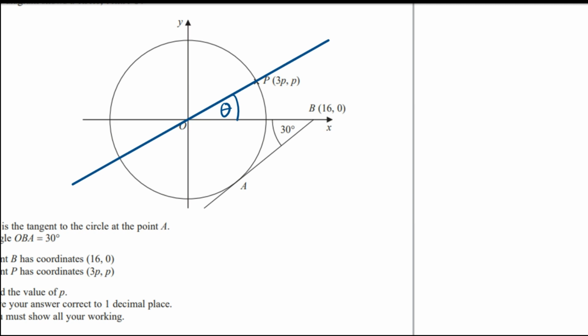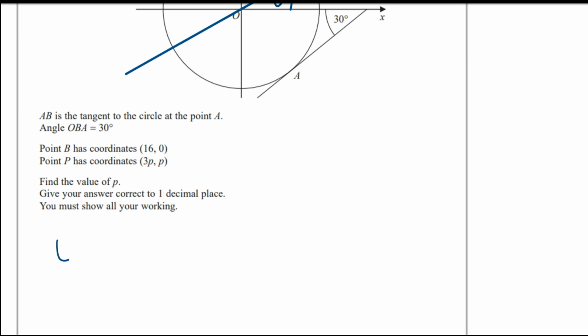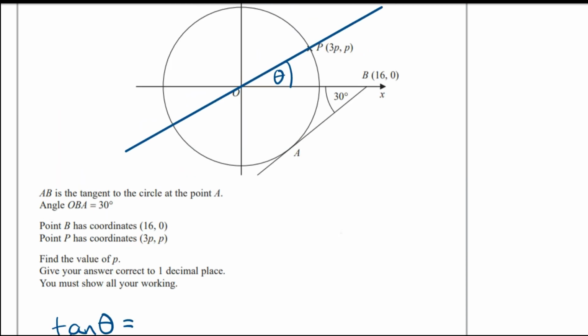We're going to use tan because we've got the opposite and the adjacent. So tan theta, actually I'll draw this in the working area. So tan theta equals opposite over adjacent. In this case our opposite is going to be p and our adjacent is going to be 3p.